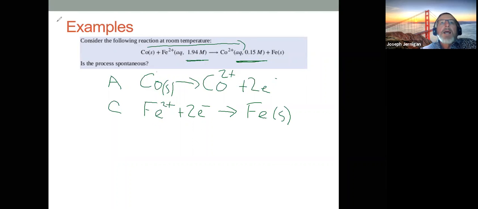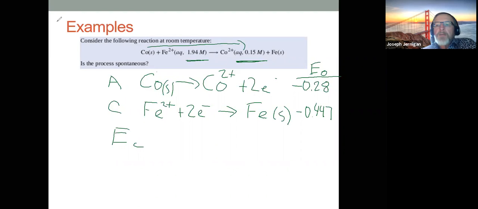Okay, and then E cell. Instead of writing the couple here, I'm going to write E0 for these couples. This one is going to be minus 0.28 and minus 0.447.